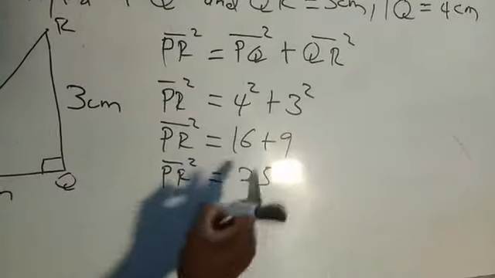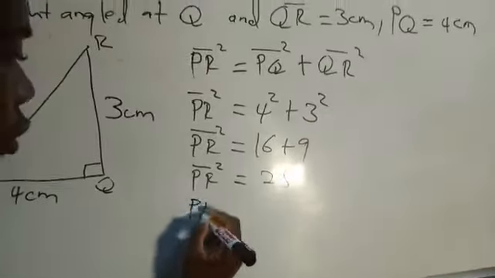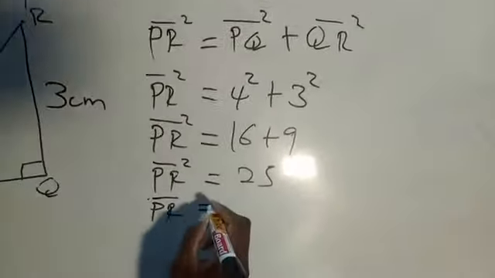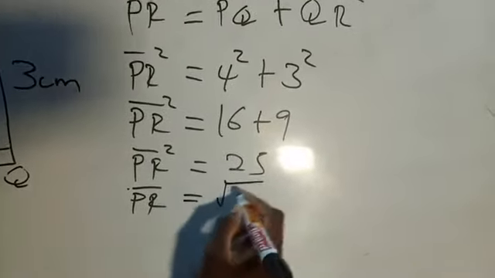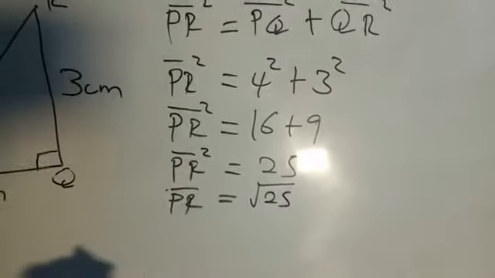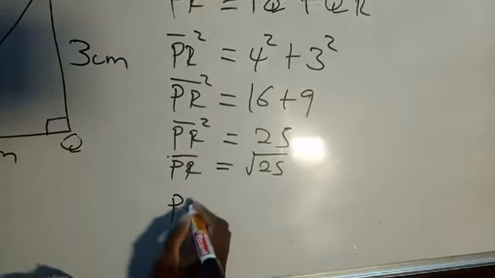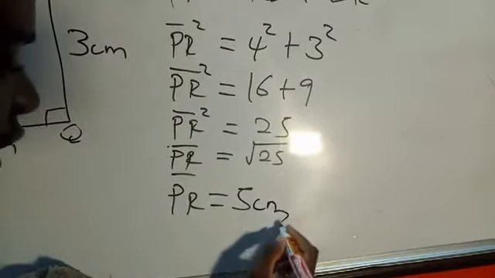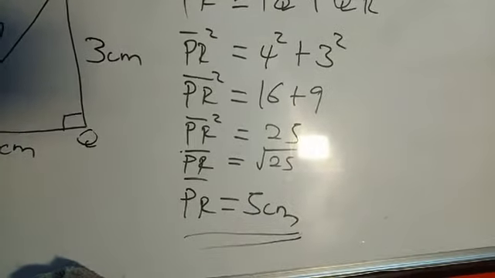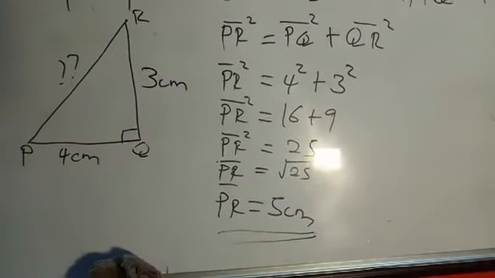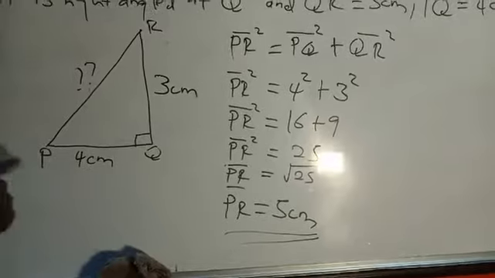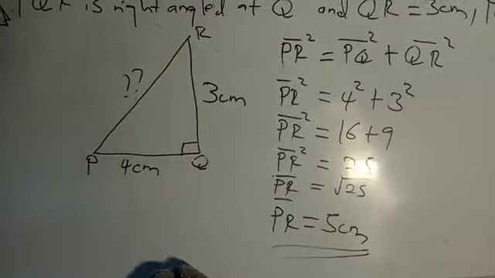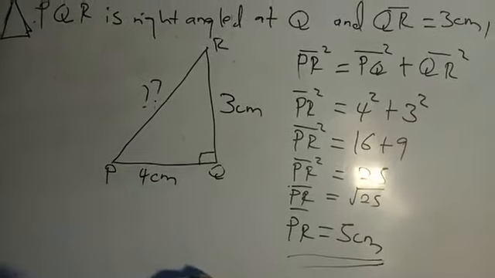Applying a square root on the right hand side to 25, PR becoming 5 centimeters, and we have come up with the side PR equaling to 5 centimeters.